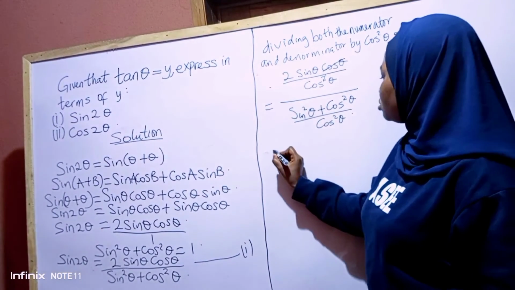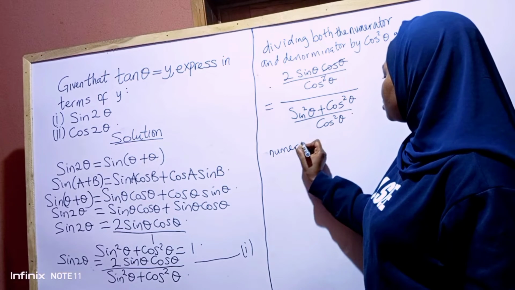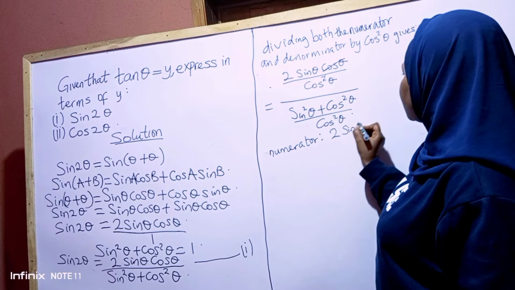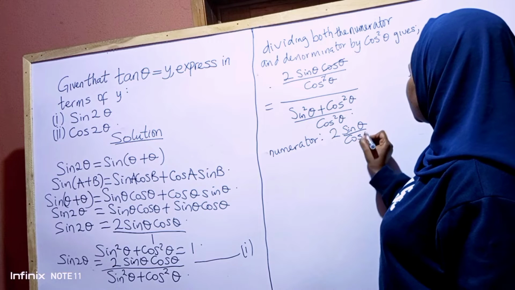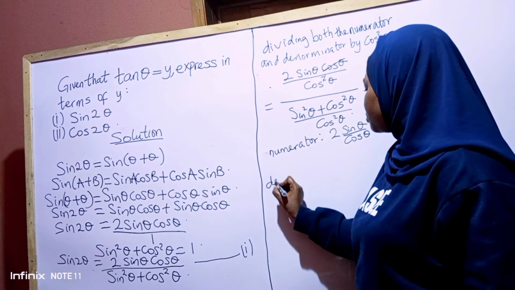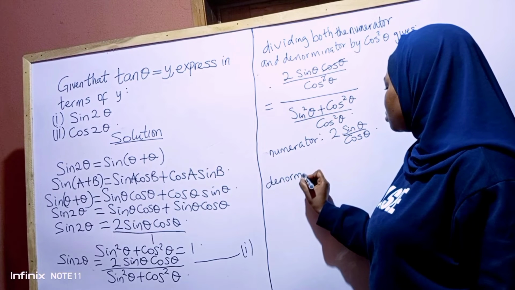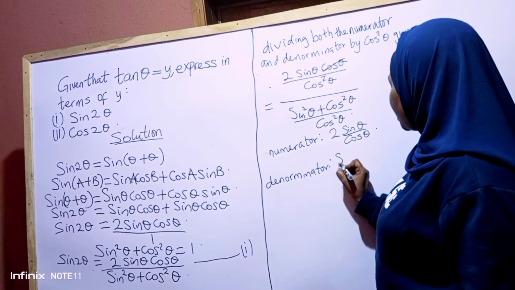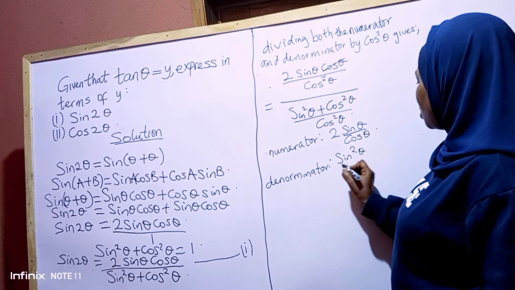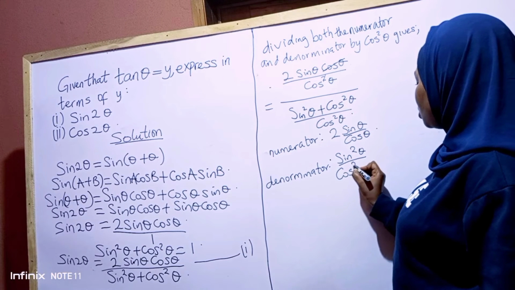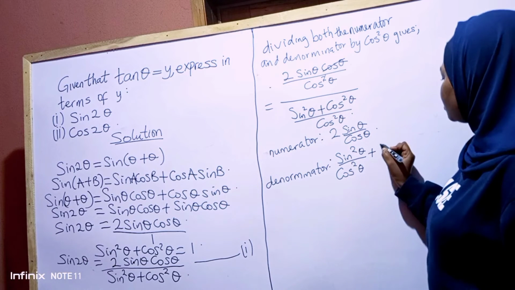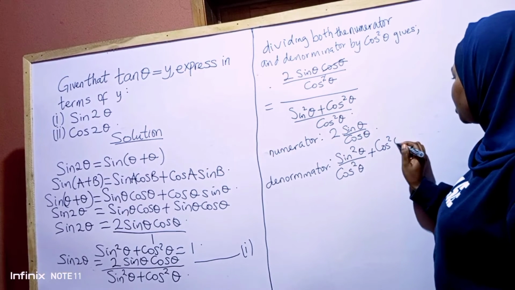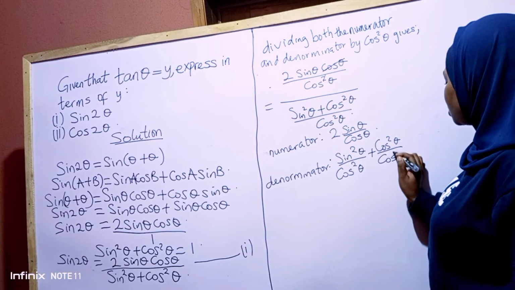So the numerator becomes 2 sine theta over cos theta. Now, the denominator, I have sine squared theta over cos squared theta, then plus cos squared theta over cos squared theta.